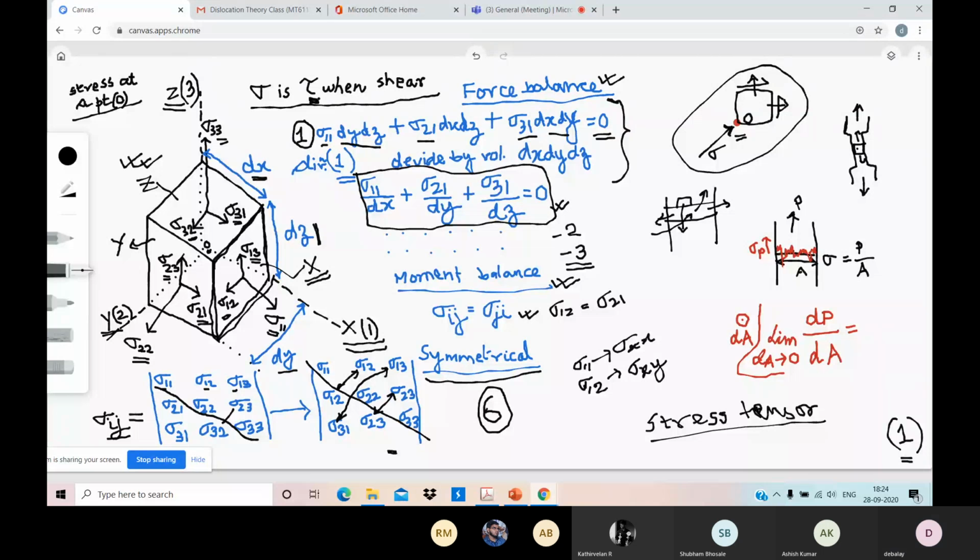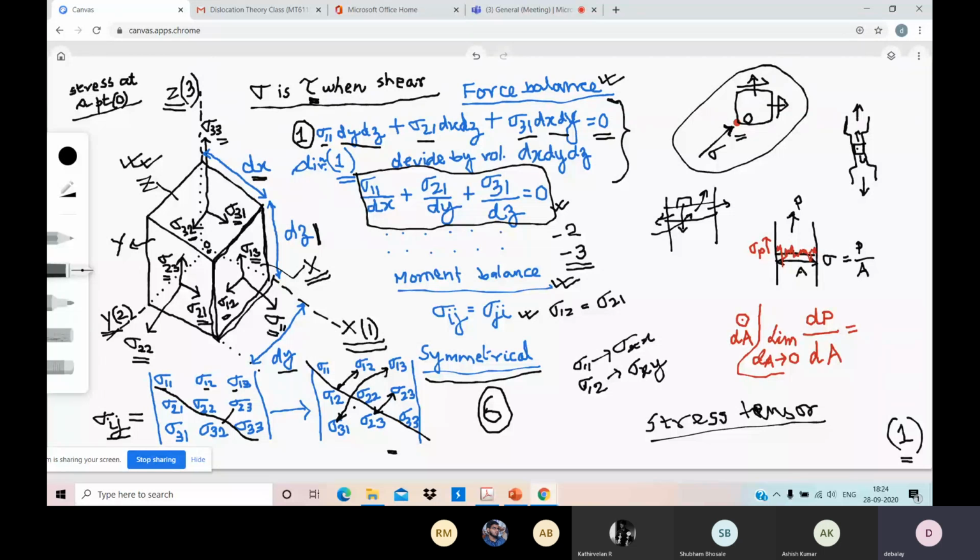Shear stress can also be written as sigma: for example, seeing abbreviations like sigma 1 2, sigma 2 3, you will understand that it is shear. For normal stress, it is 1 1, 2 2, 3 3. And you can also write shear stress as tau: tau 1 2, tau 2 1, tau 2 3, tau 3 2, like that.